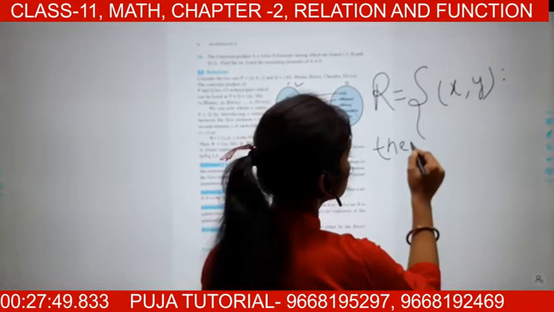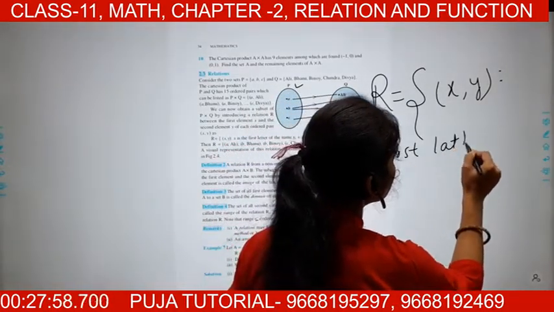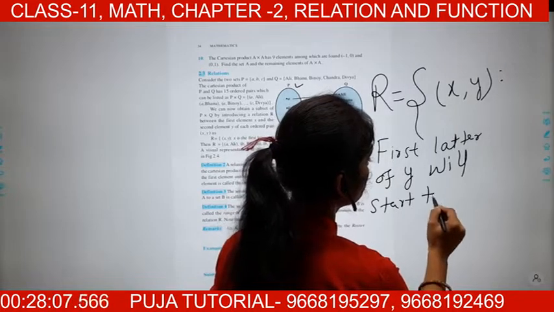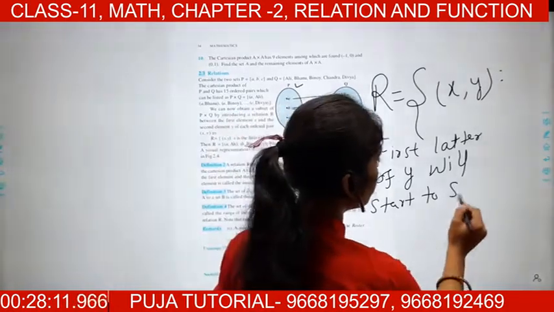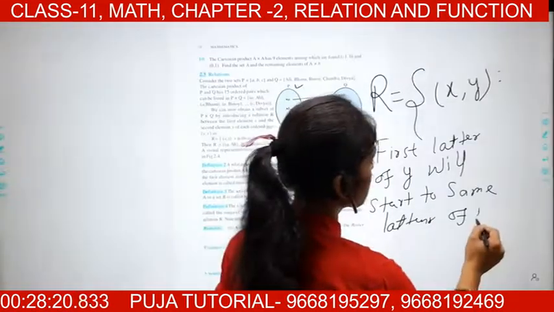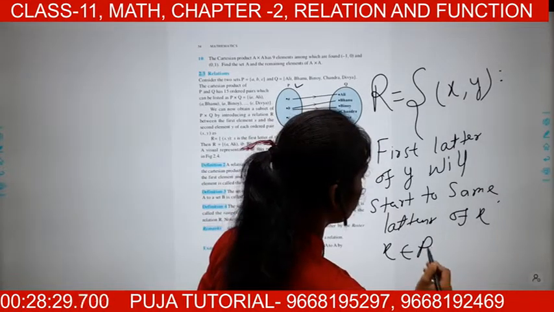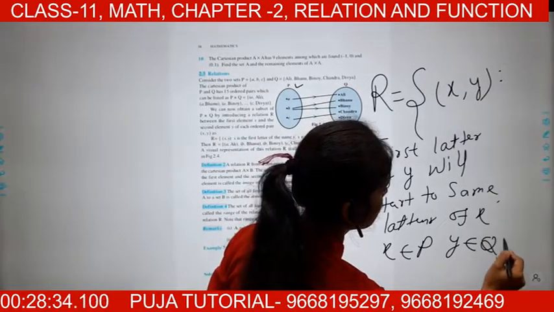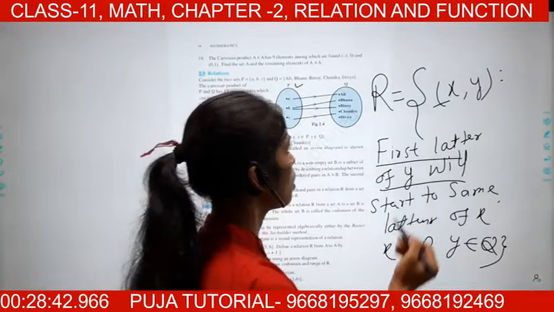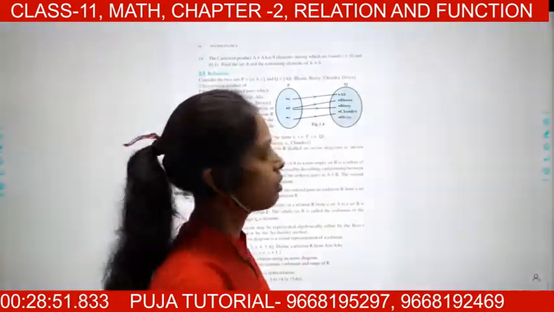The first letter of y will be the same as the first letter of x, where x belongs to P, and y belongs to Q. So this is the criteria, and always x belongs to a non-empty set P and y belongs to Q. Then this criteria being given, a rule being given, is called a relation.